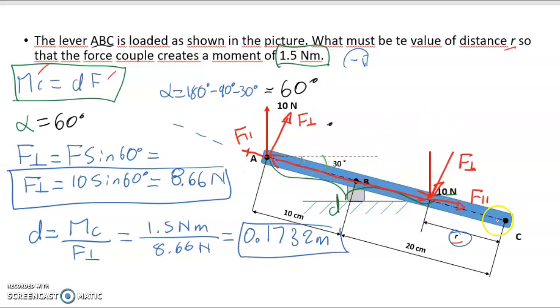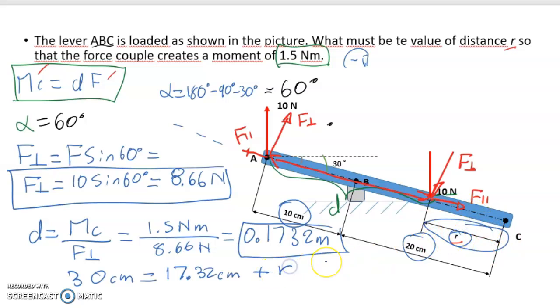If I know the total length of the lever, that total length is going to be 10 plus 20. That means 30 centimeters equals 17.32, which is this one in centimeters, plus this section, which is going to be r. From here, we solve for r.